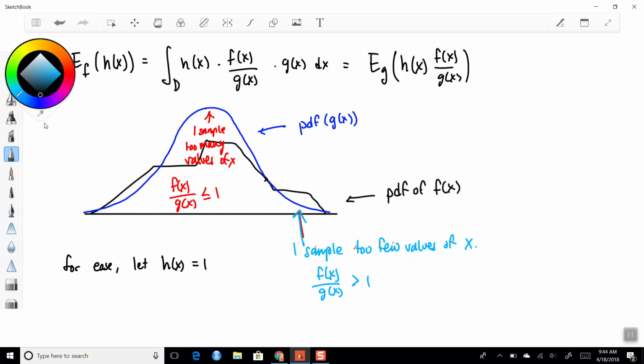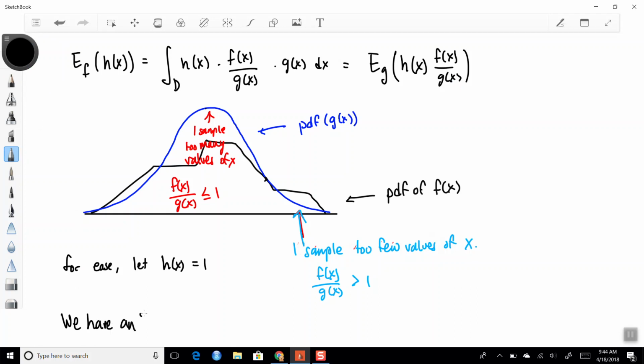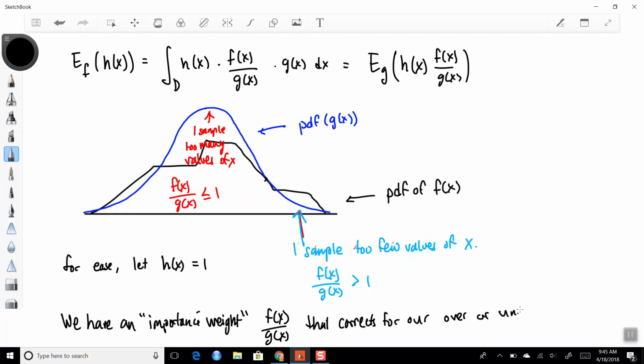So basically we have an importance weight, f of x divided by g of x, that corrects for our over or under sampling of values of x.